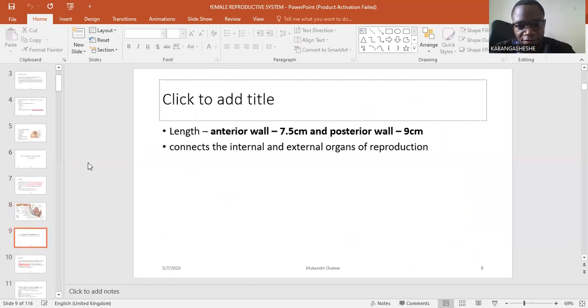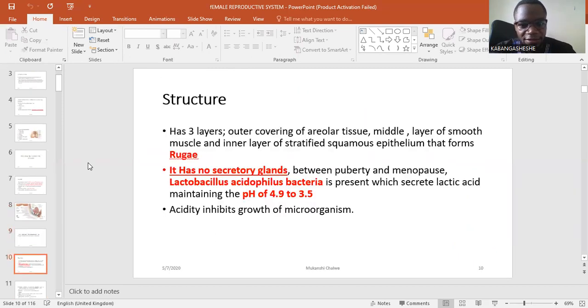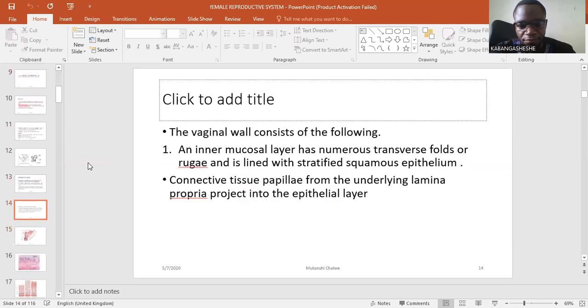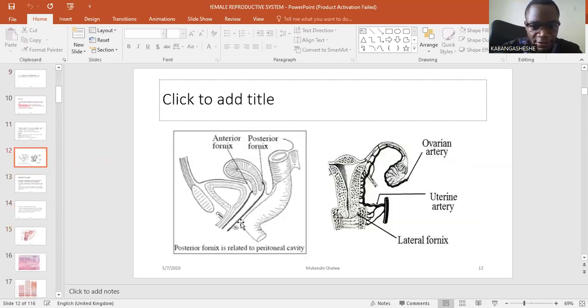That being said, let's look at the vagina in some greater detail. I'll use this diagram here. Posterior is the rectum, anterior is the bladder and urethra. The vagina has 3 walls. So these are boundaries. Anteriorly, we have this anterior wall.